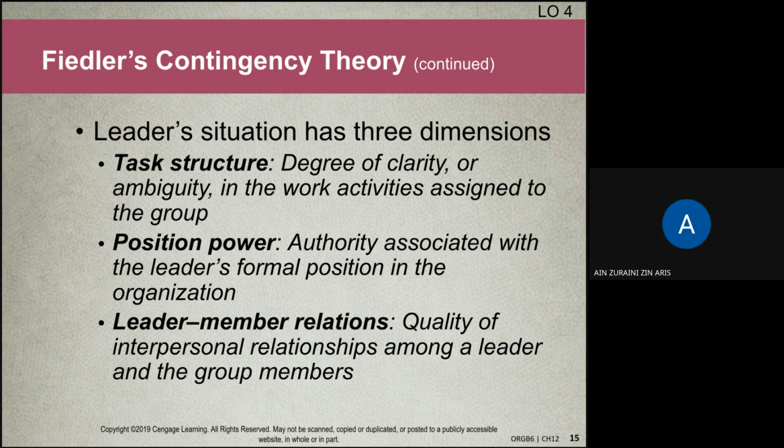Everyone knows what is expected of them. The steps to complete the task are also well defined, and the performance can be measured easily. So this creates a favorable situation for the leader because there is less confusion and more control. Okay, but then when the task is unstructured, it means there's a lot of uncertainty.